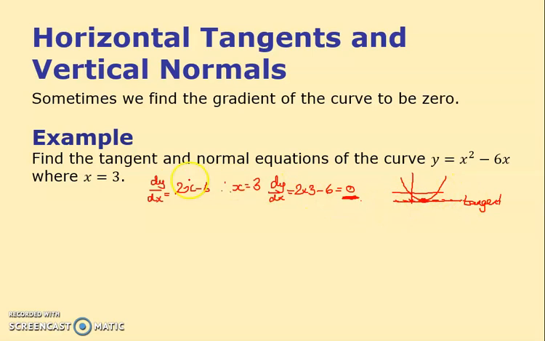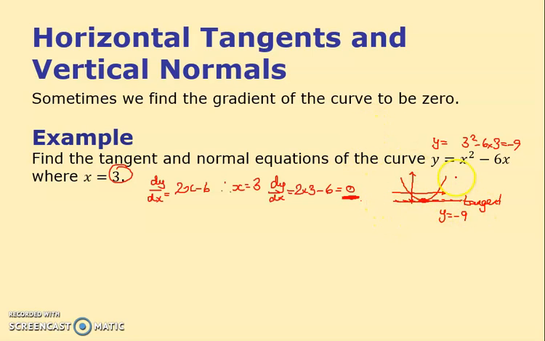So all I need then is to know the y value. I don't know the y value actually. y equals, it says x is 3, so I'm going to do 3 squared minus 6 times 3. That's 9 minus 18, that's minus 9. So the tangent is actually just y equals minus 9. It's a surprisingly simple answer if you have a gradient of 0, because it just goes straight across. So the gradient has no effect.